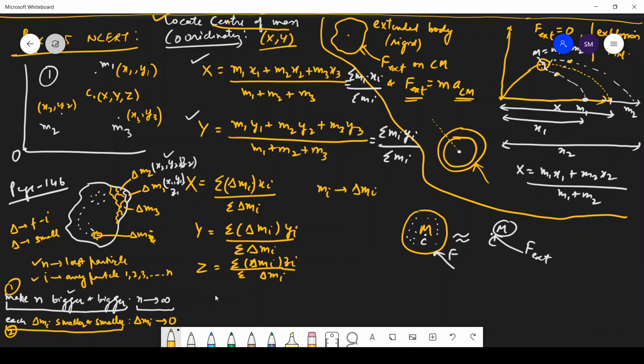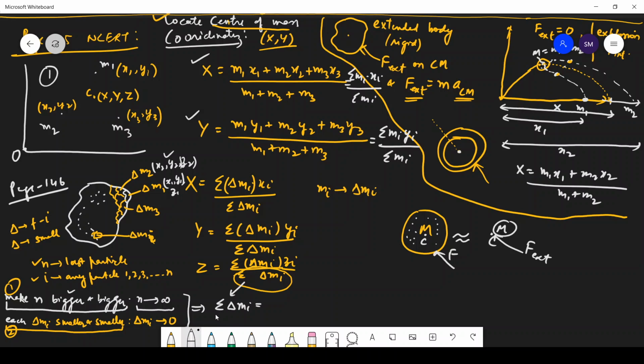Now, you have here delta mi, right? So how do we write this expression, this delta mi? What will this delta mi become when n is infinity? So sigma delta mi, how will you write it when you are finding the sum of all the point masses, and their number is infinity, and delta m becomes smaller and smaller?